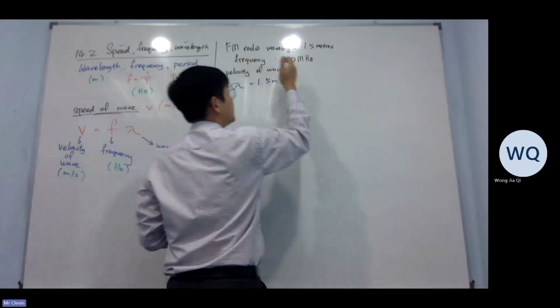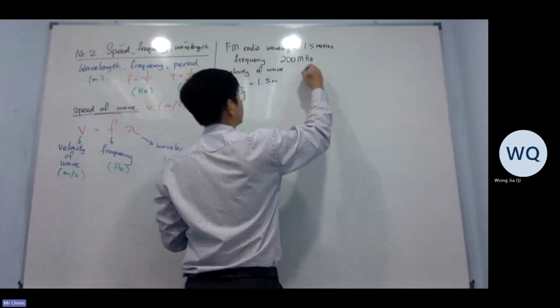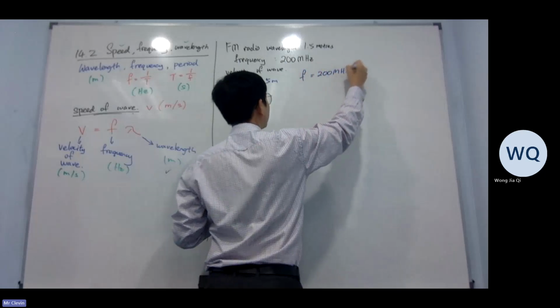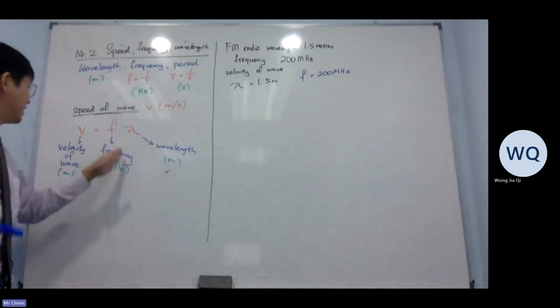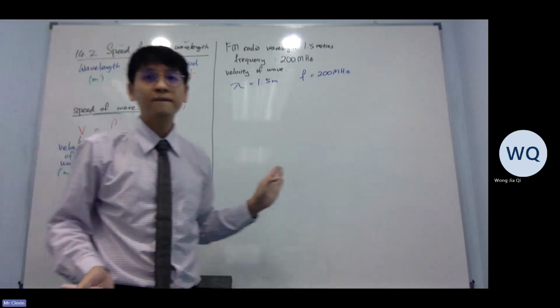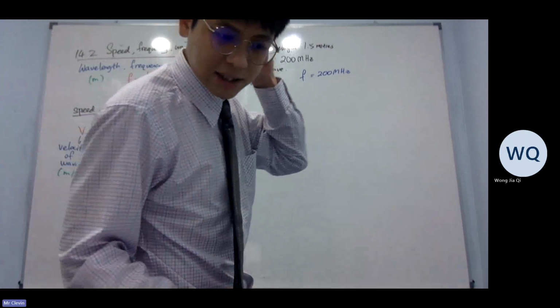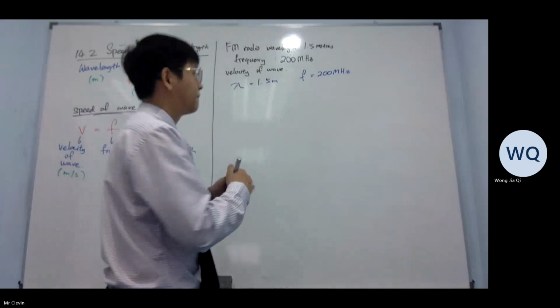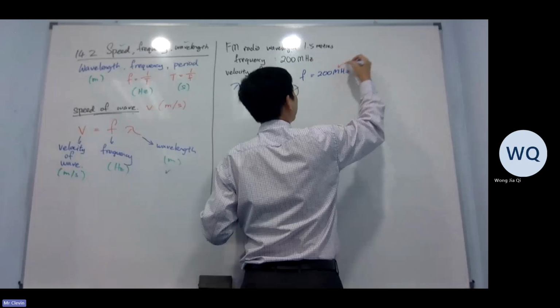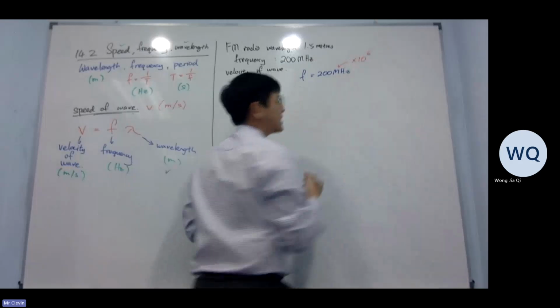Then our frequency is 200 megahertz. Logically, can we use megahertz in our frequency? No, I have to convert it into hertz. So megahertz is 10 to the power of what? Do you remember? Megahertz is always 10 to the power of 6.